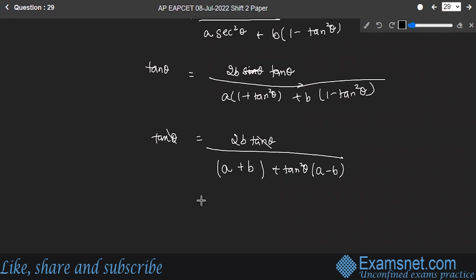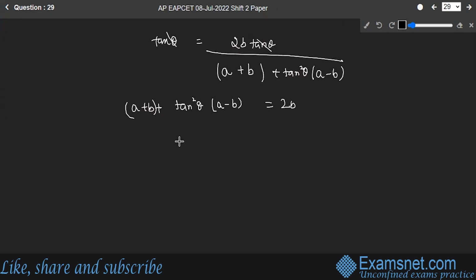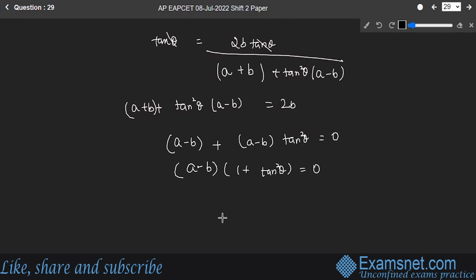Right. So let's do the cross multiplication: A plus B plus tan square theta into A minus B is equal to 2B, which will give you A minus B plus A minus B into tan square theta is equal to 0, so A minus B into 1 plus tan square theta is equal to 0.